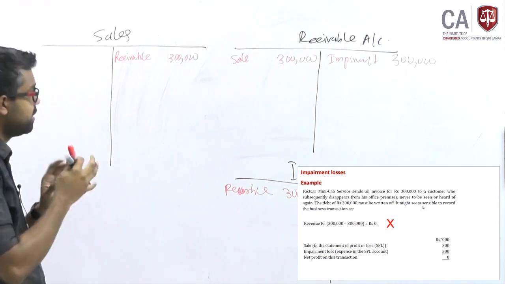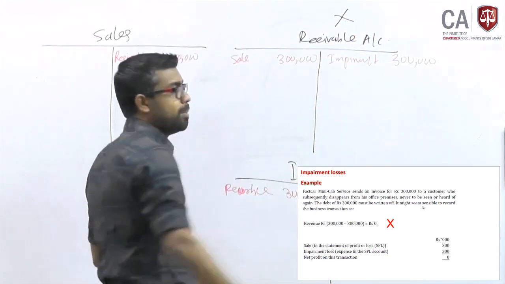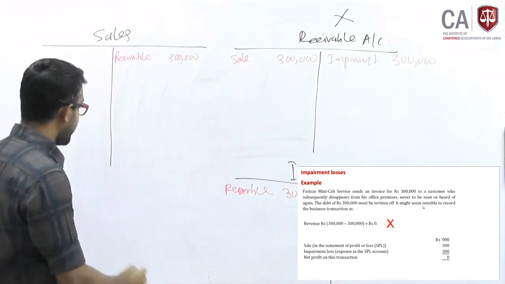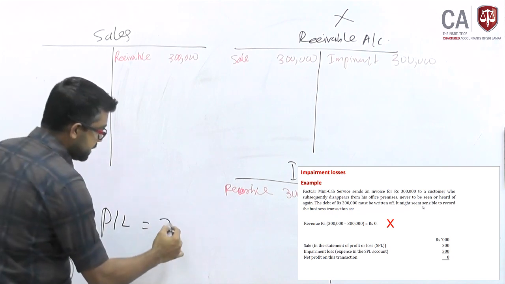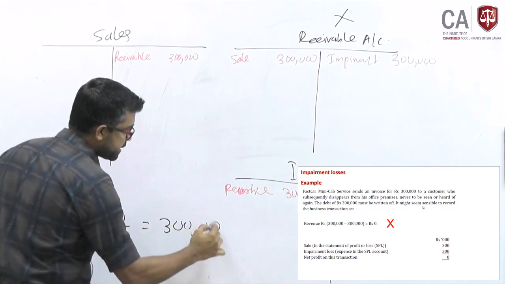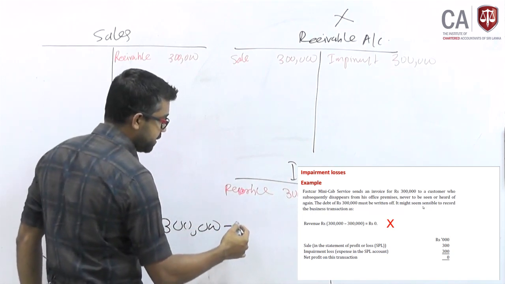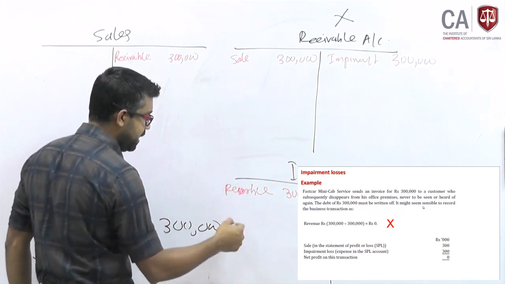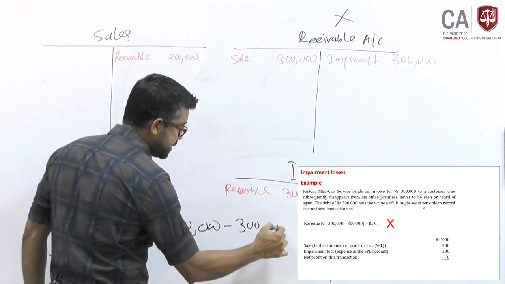So then your receivable balance will be 0. There is no receivable balance in the balance sheet. If you look at the P&L impact, 300,000 sale value is there, and from impairment, another 300,000 impact is there.